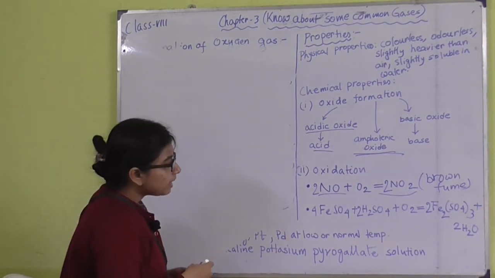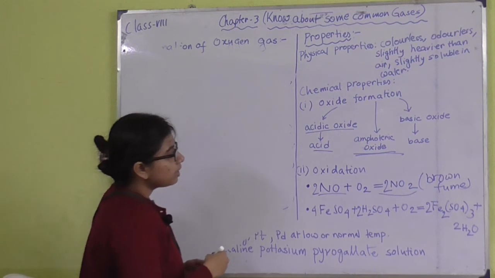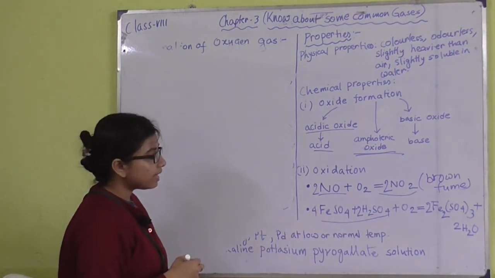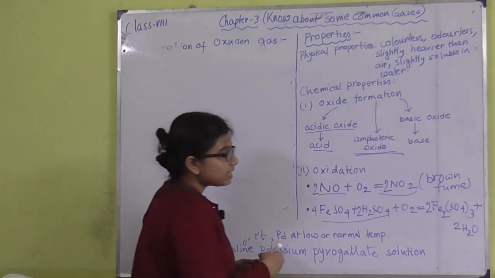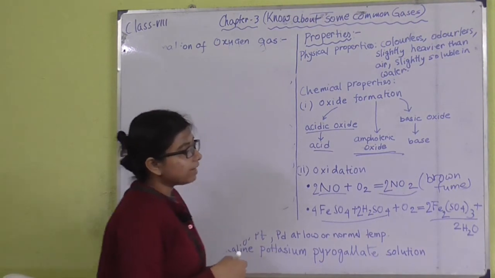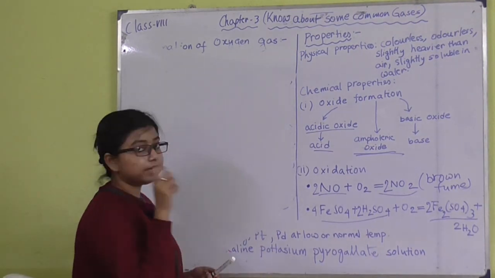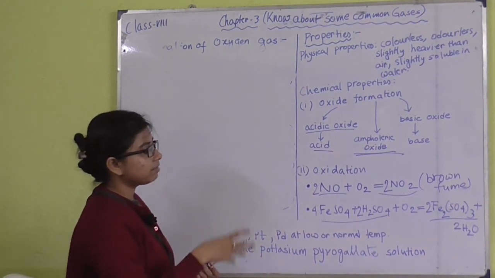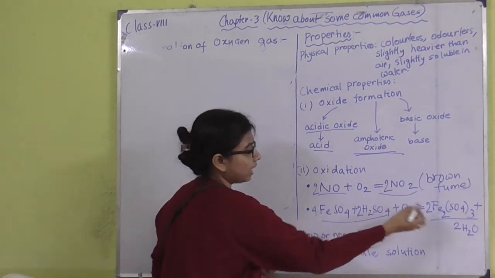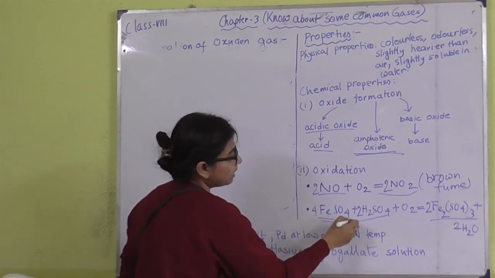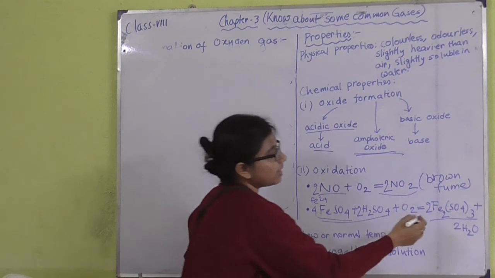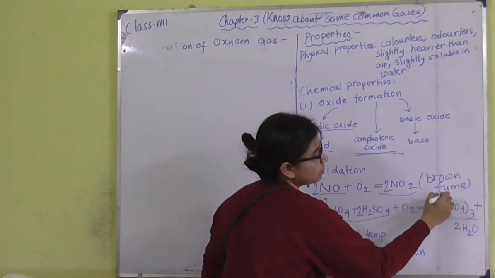And the second example of oxidation we have, if we take acidified FeSO4, FeSO4 means ferrous sulphate solution, in presence of oxygen it will give us ferric sulphate. What is the difference between ferric sulphate and ferrous sulphate? This is the more oxidized form. Here iron is in the iron 2 plus state, whereas here iron is in the 3 plus state.